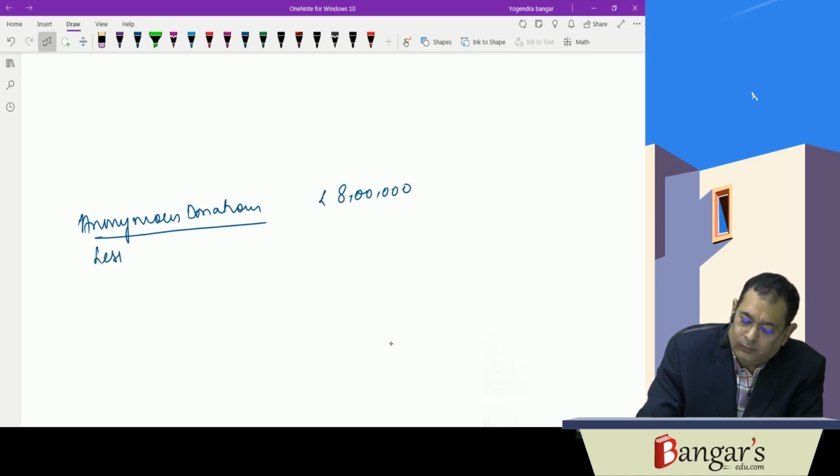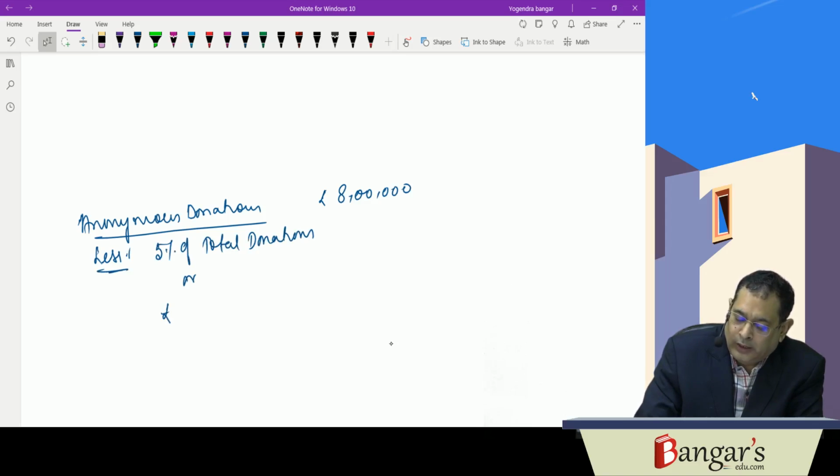Less, we have 5% of total donations or rupees 1 lakh, whichever is more. So how much are the total donations?